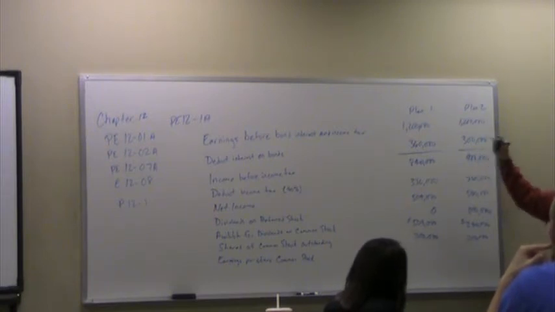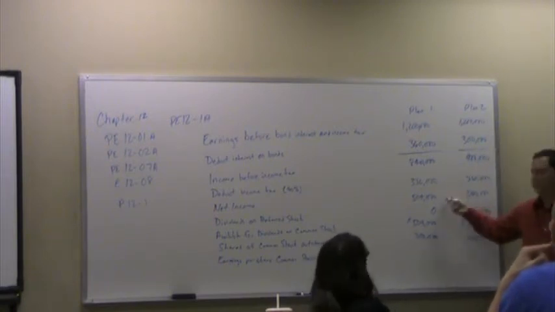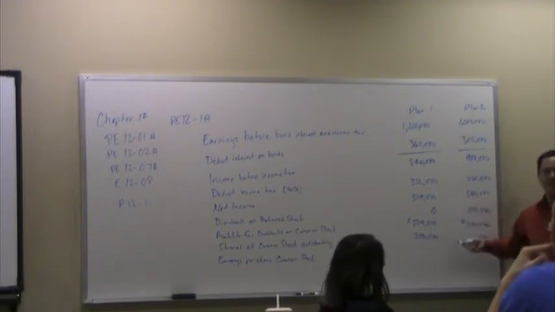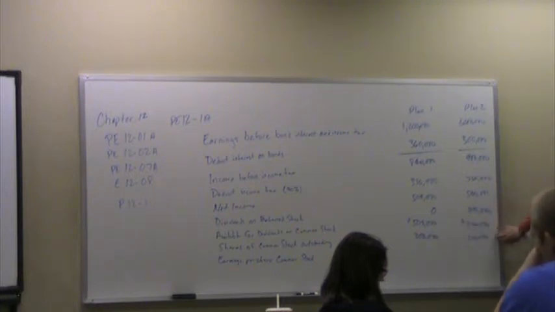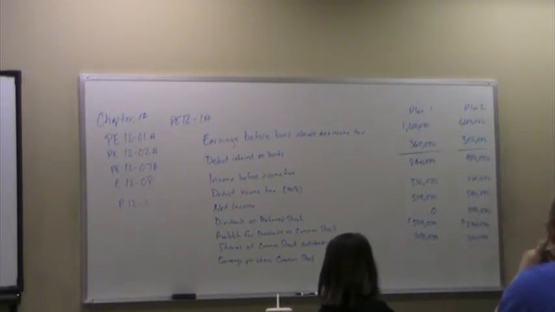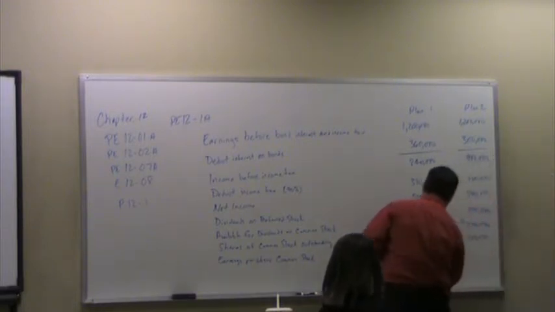Earnings per share is net income minus preferred stock over number of shares, and that's what we're doing here. We took net income and subtracted out the preferred stock, which gives the top, and then divide by the shares outstanding. So what do we come up with? 1.68 for the first one, and 1.2 for the second.